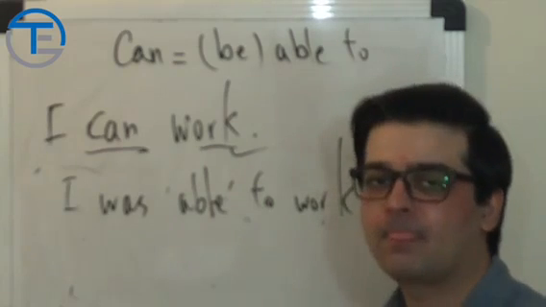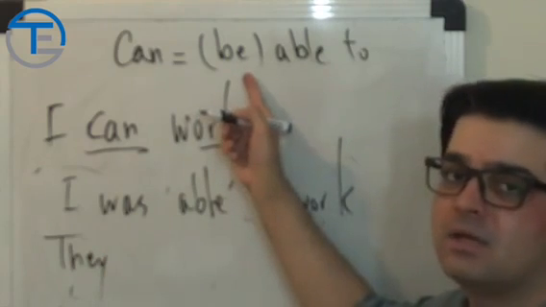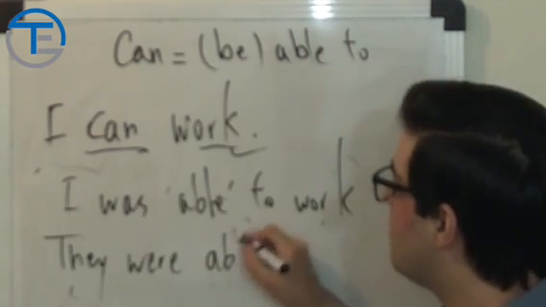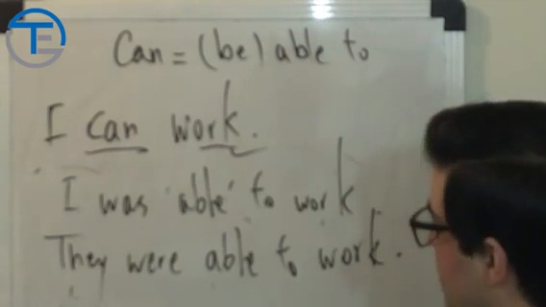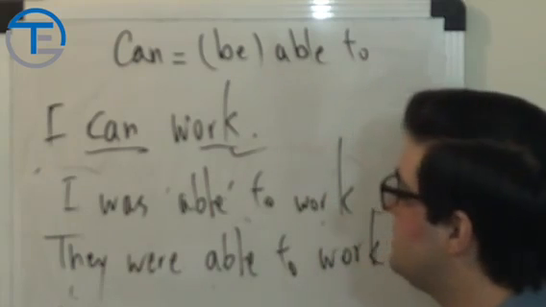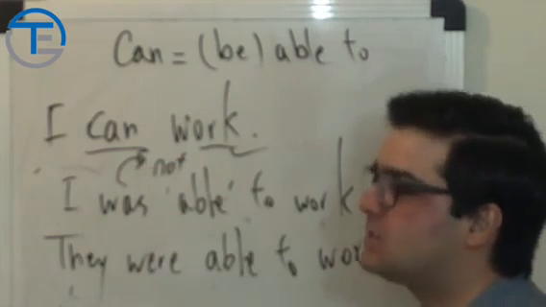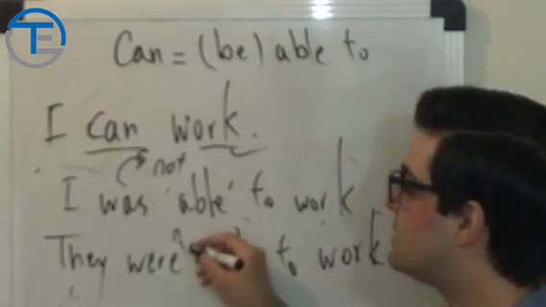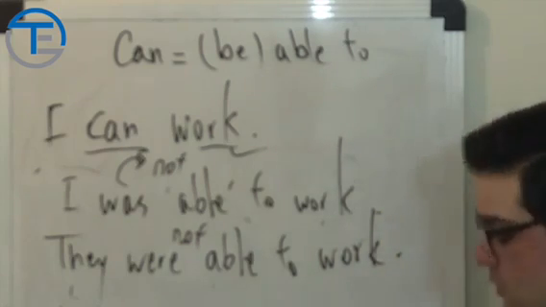Okay, they will be in the past were, they were able to work. If you want to make it negative, so it's easy to say not after verb be, I was not, or use contraction I wasn't, they were not, or contraction they weren't able to work.